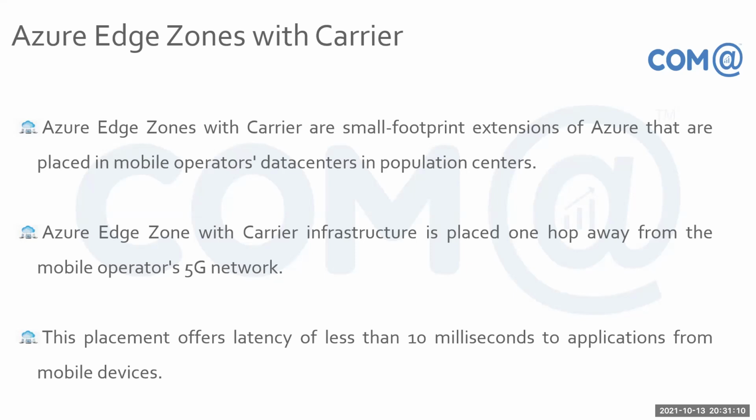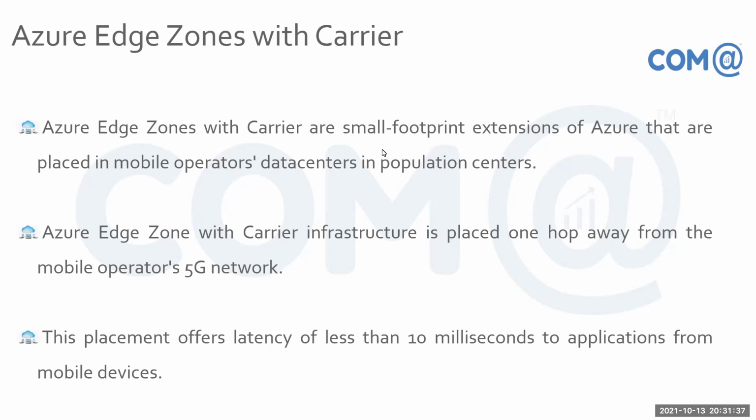Nowadays, this 5G is not available in all the countries. Only in some parts of the world, 5G network is available. And again, even some countries or parts of the world may have the 5G network, but in that location, maybe Azure might not have their data center. So in those locations also, this edge zone with carrier cannot be used.